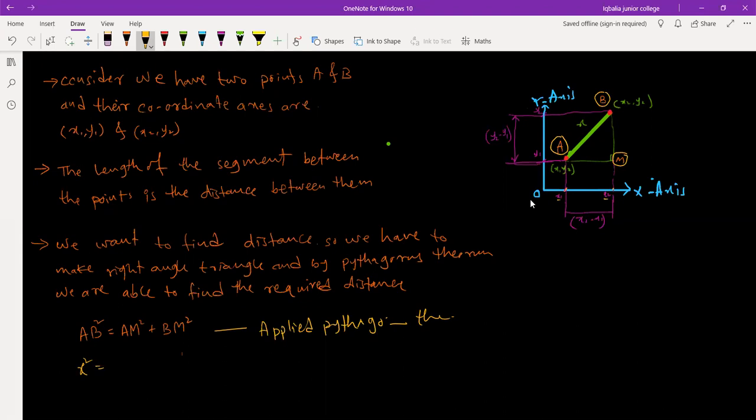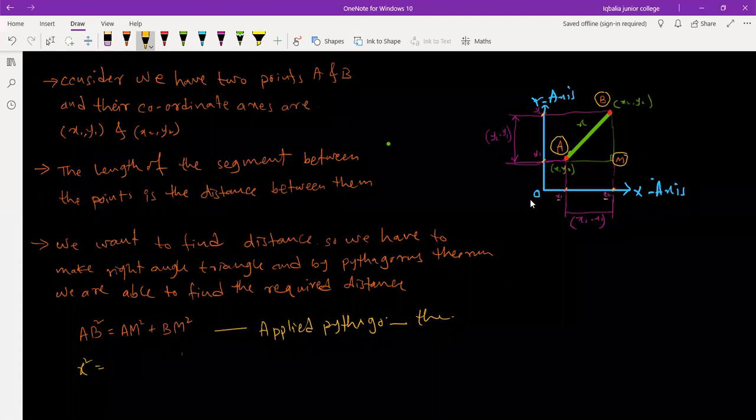So this is x1, this is x2. Similarly, if I draw a line to the y-axis, I will get the y coordinate values. So here this will be y1 and this will be y2. And for the distance between them, I have to subtract.